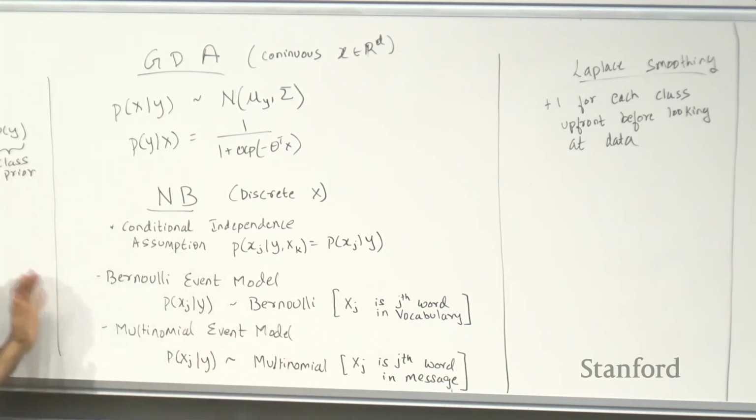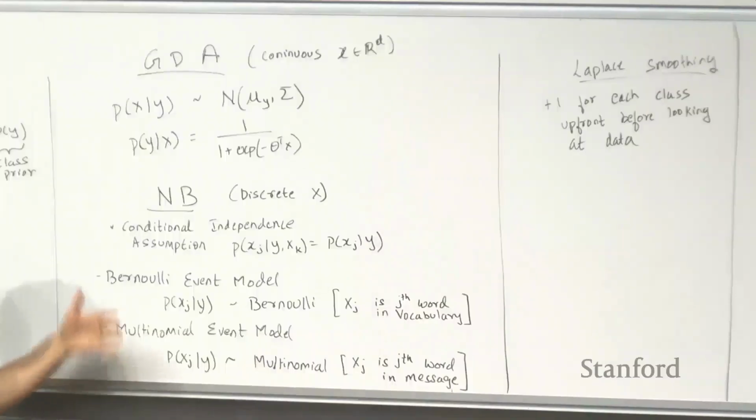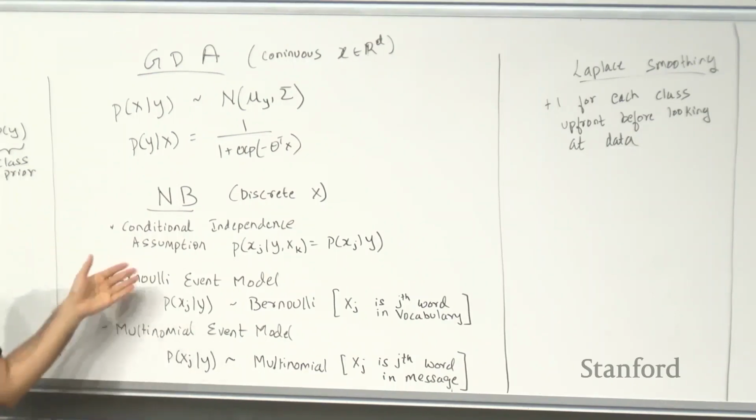The general intuition behind these two is that in the Bernoulli event model, suppose we apply it for, say, spam classification, the spamminess of a word is determined by what fraction of the spam messages the word occurs in, and what fraction of the non-spam messages the word occurs in.